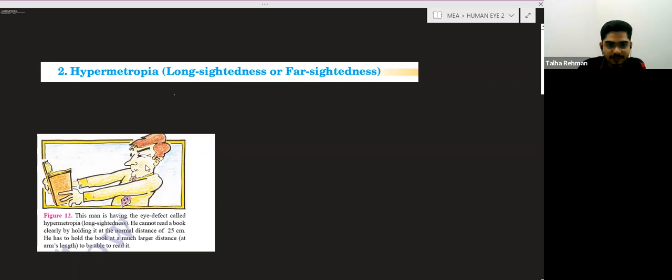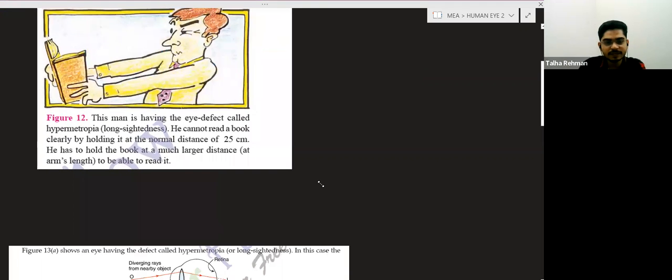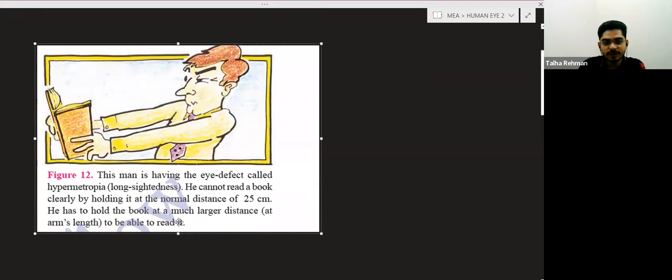Okay. So basically, this person is not able to read the book. Why? See, this man has an eye defect called hypermetropia. He cannot read a book clearly by holding it at a normal distance of 25 centimeter. He has to hold the book at a much larger distance than the arm length.